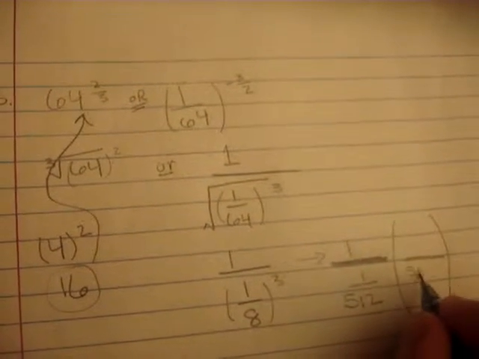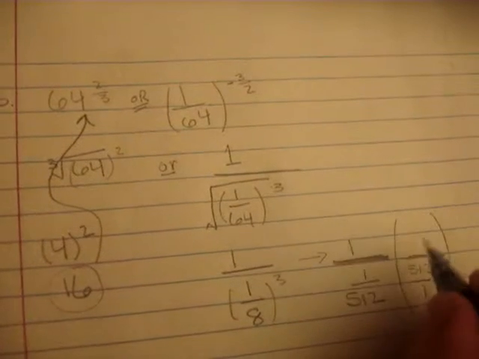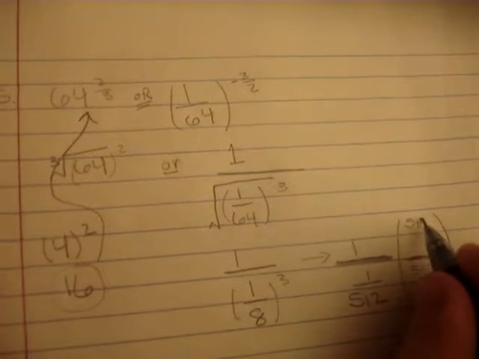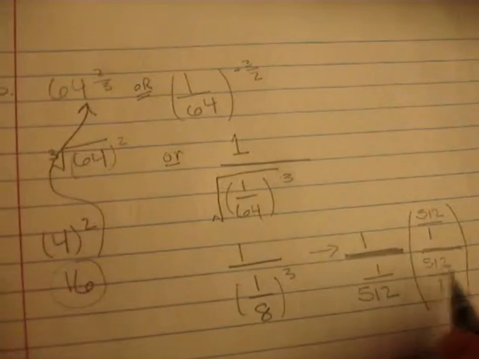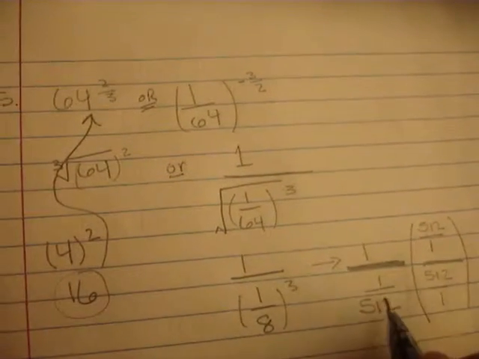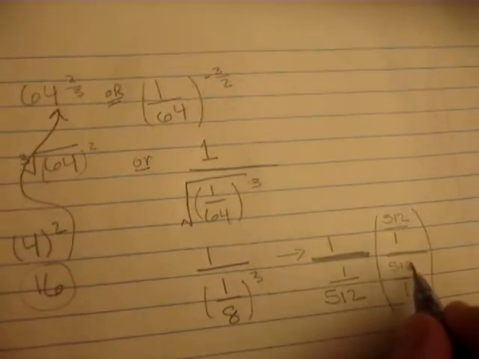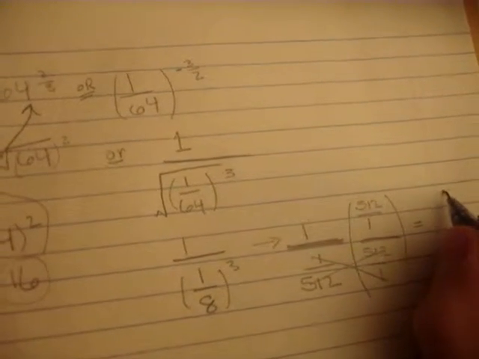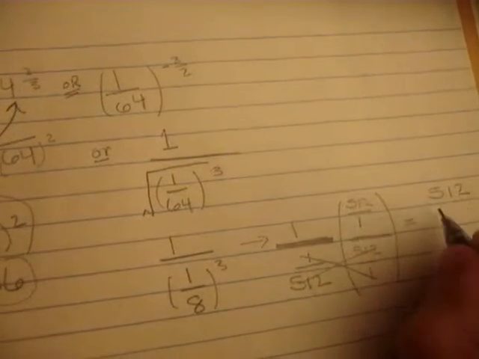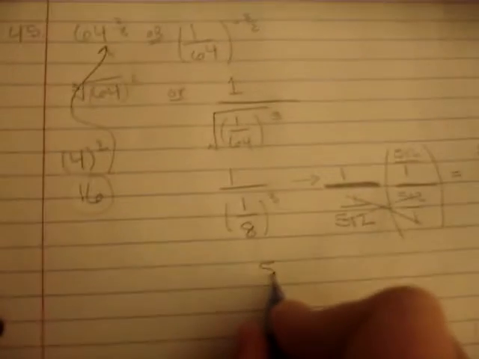I'm going to write the same thing at the top. So 1 times 512 and 1 times 512, it's going to be 512 over 512. It'll cancel. Just trying to repeat that so you know why. 512 over 1, that just makes 512.